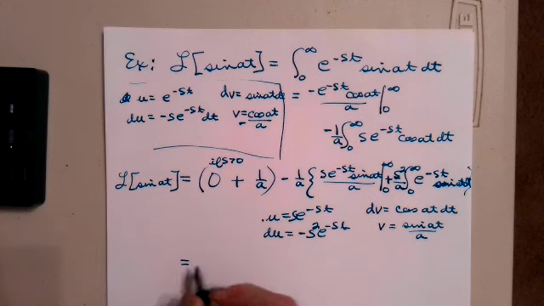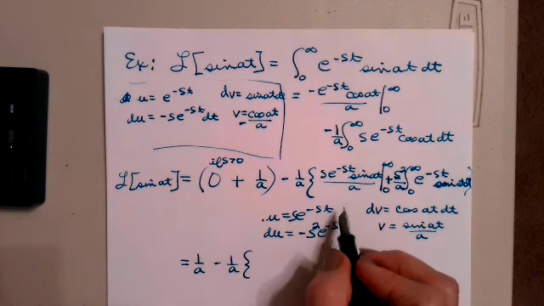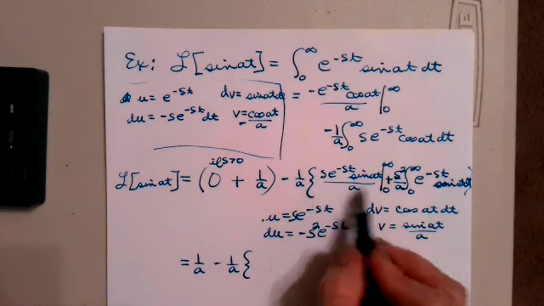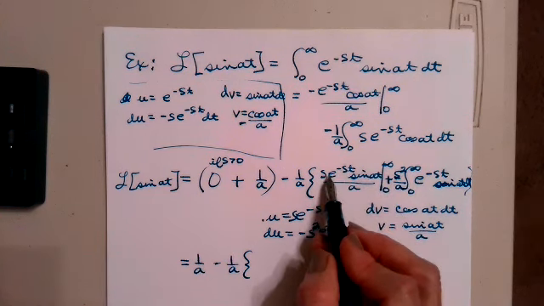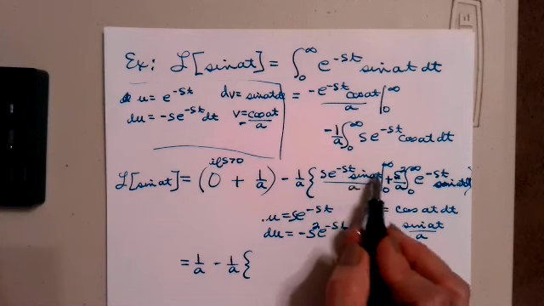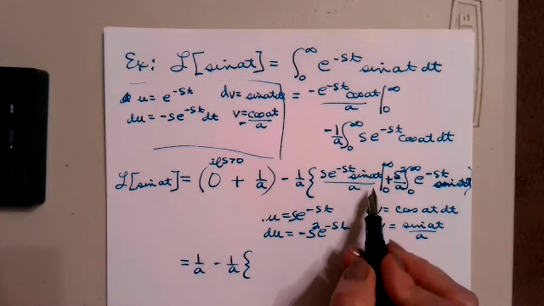All right, so let's gather all that up. That means we have a 1 over a, and then we have a minus 1 over a times. Okay, now what is this one? As t goes to infinity, if s is greater than 0, this exponential goes to 0. Sine is bounded between 1 and minus 1, so this thing goes to 0.